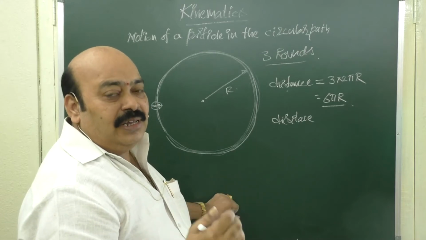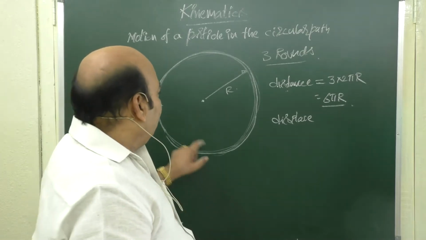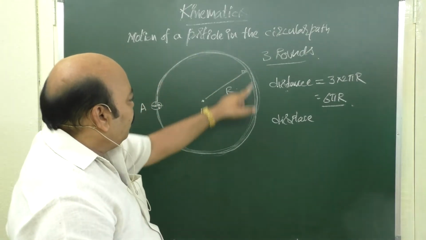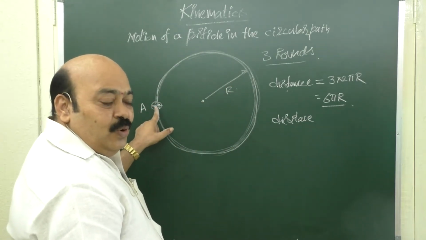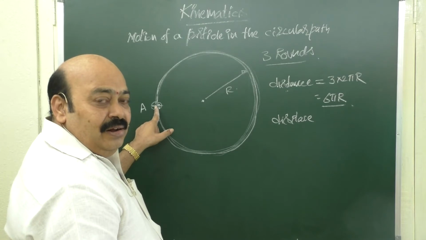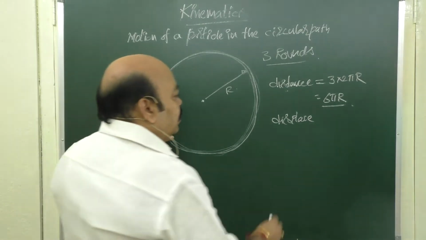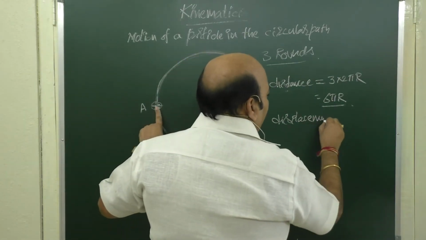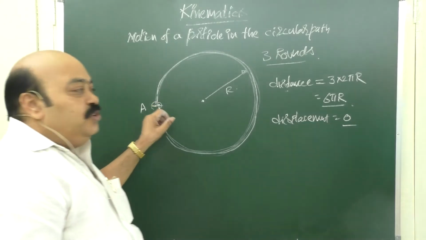If you say, sir, I forgot, it means you didn't learn it, that's all. What is the starting point? A. After 3 cycles, once again it is at A. So the initial and final positions are the same. That's why displacement is equal to 0. Displacement is 0.